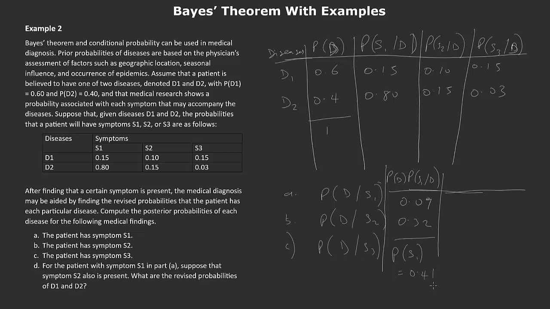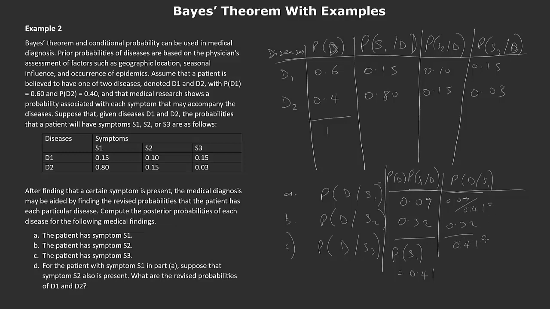So the next thing we want to do is to compute the probability of D given symptom 1. That will be equal to you taking 0.09 divided by 0.41, then 0.32 divided by 0.41.